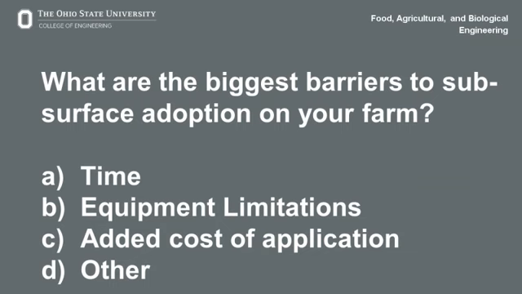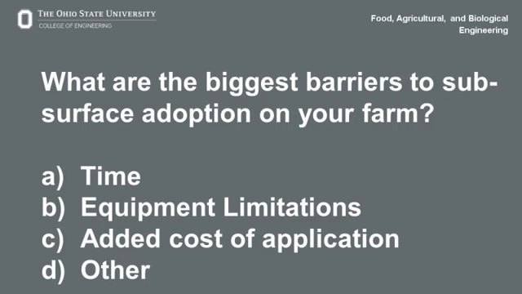So I've got another question for you here, and that's what barriers to subsurface adoption do you face on your farm? Let's take a second to ask about that. And it's definitely tough. All of these: time to get in after harvest before planting, equipment limitations. Are these tools really the best for my farm?